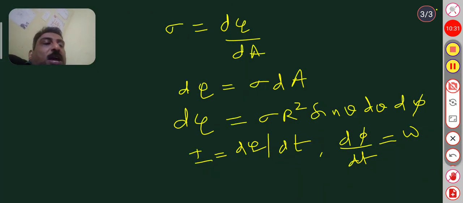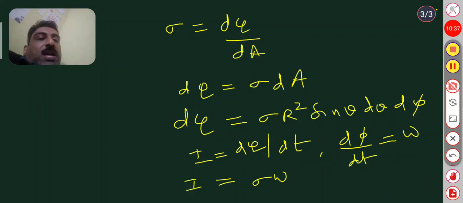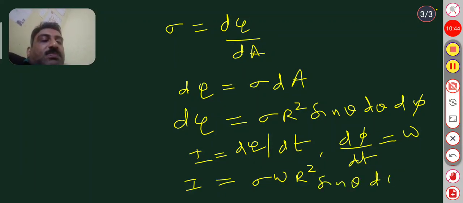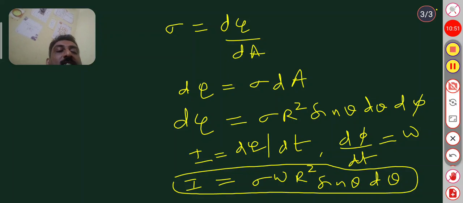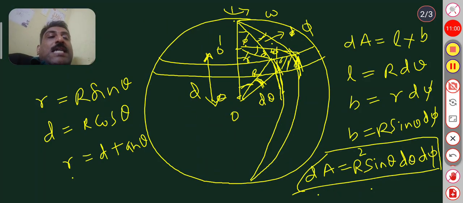So the current I, which is dq by dt, comes out to be sigma omega R square sine theta d theta. This is the current flowing in this ring.